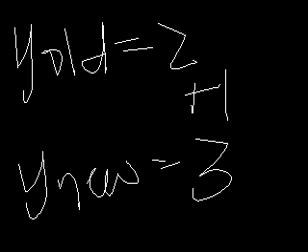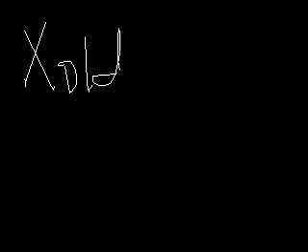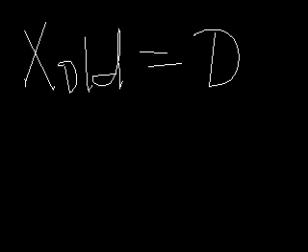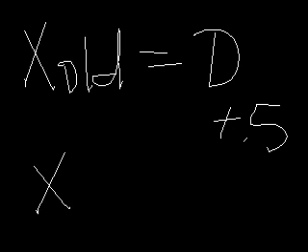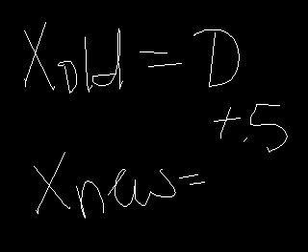Same thing goes for the x value. X old was equal to 0, and then your dx stays the same, but you add it to get your x new value. So x new equals 0.5. So now you have your x equals 0.5 and y equals 3.